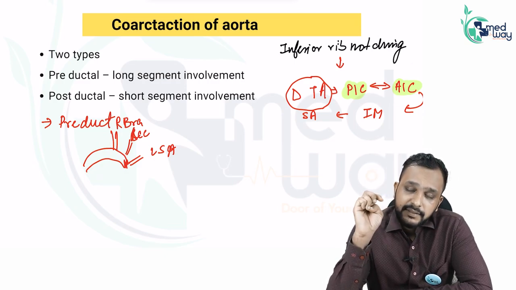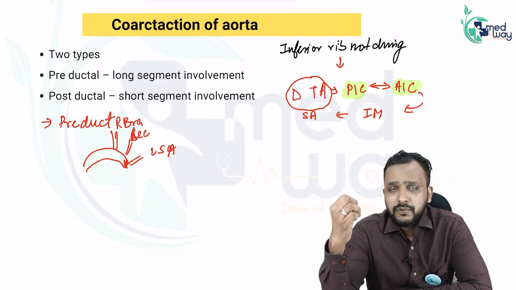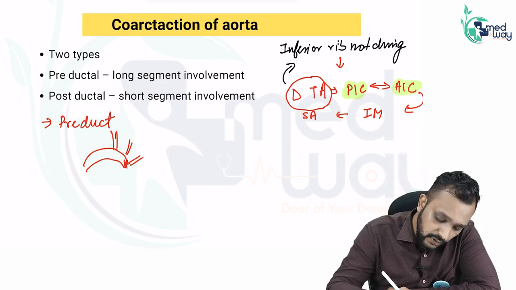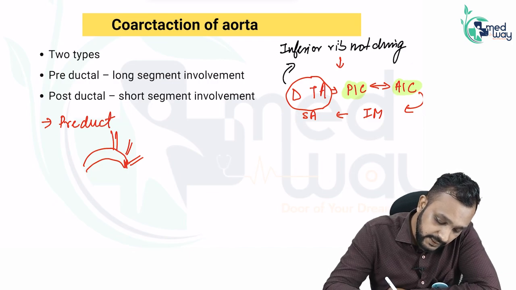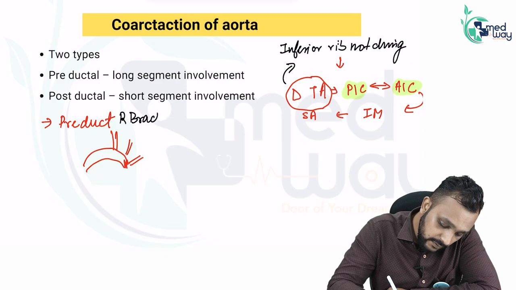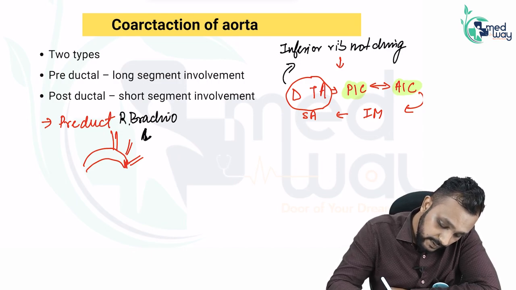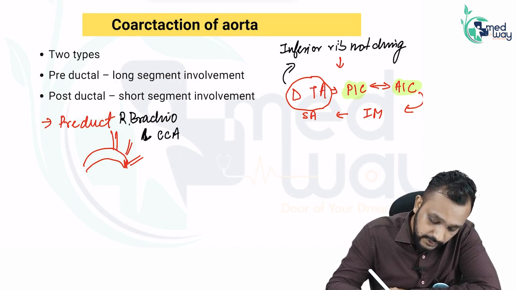These collaterals run along the inferior border of the rib. We have already discussed that in preductal type, there will be normal right brachiocephalic, there will be normal left common carotid, okay.